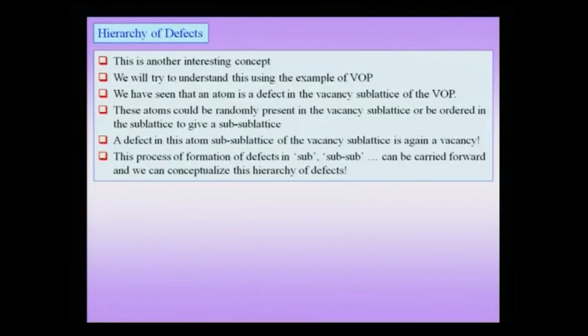Now, where is this hierarchy of defects coming from? We already seen that a vacancy can get ordered in a vacancy ordered phase. Now, we had seen that a presence of an atom is actually a defect in the vacancy ordered sublattice.